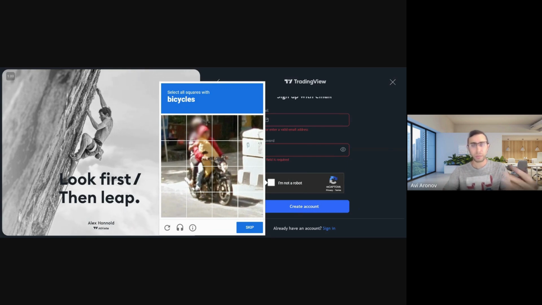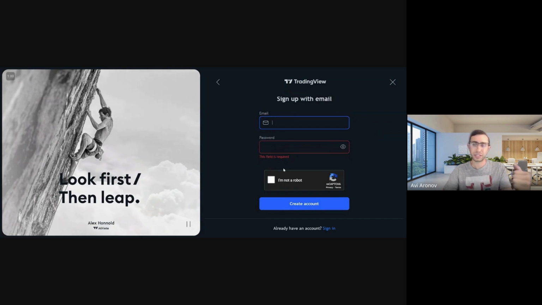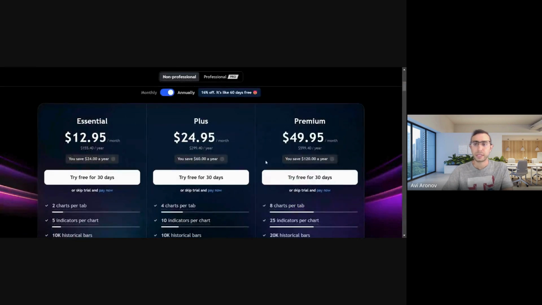It will be automatic. So once you put that information, email and password, it will go to the next page, right away for sign up. You sign up with payment. You put the payment information, and then it will renew yearly. So just so you know that, and that's it.